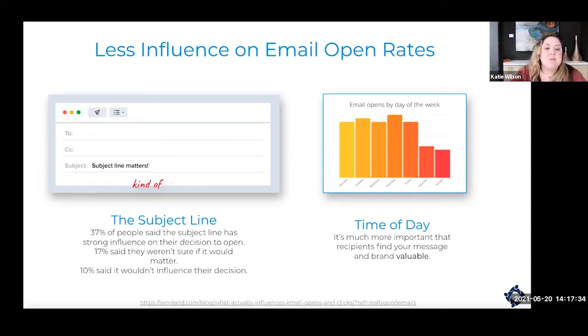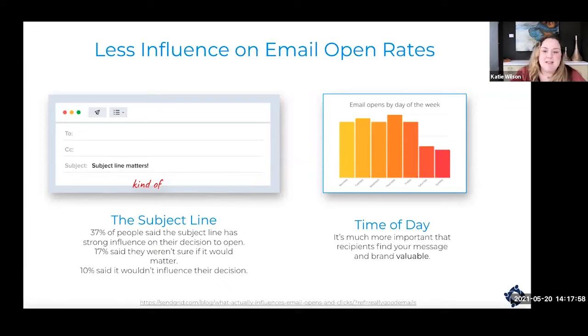So their decision probably will rely on who the email is coming from over what the content is about. Of course, it's nice to put that in there. So we want to make sure that the subject is alluding to what your email is, but don't spend a ton of time worrying about that perfect subject line rather than the content.